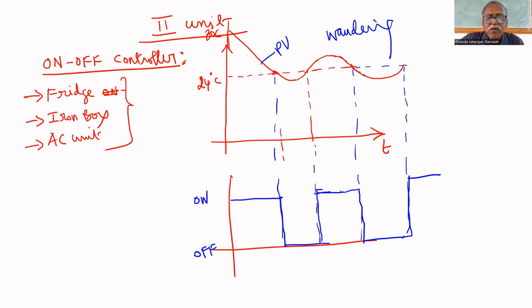Another problem is if this undershoot or overshoot is very less, what will happen? Suppose I am having a very fast process, a small time constant process. For example, a voltage regulator. You put a servo voltage regulator for an AC unit or some fridge.